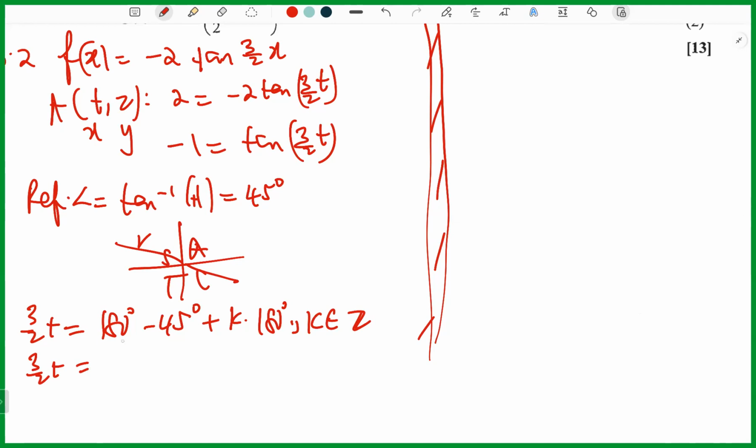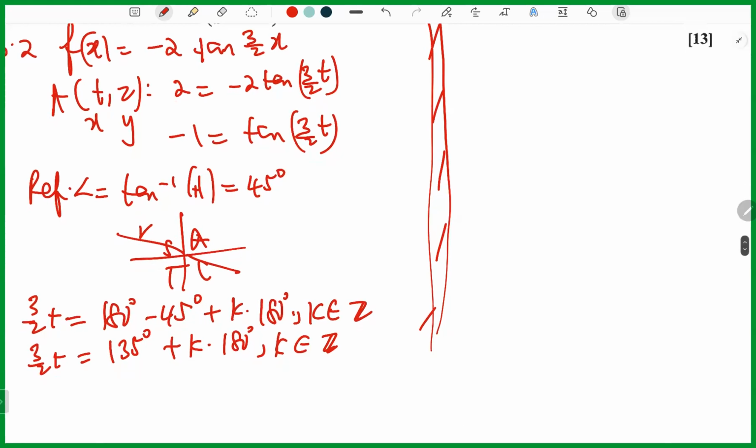It is 135. So you have 135 degrees plus k times 180 degrees, where k is an element of the set of integers. Which means t is 2 times 135 degrees divided by 3, plus k times 180 degrees times 2 over 3.